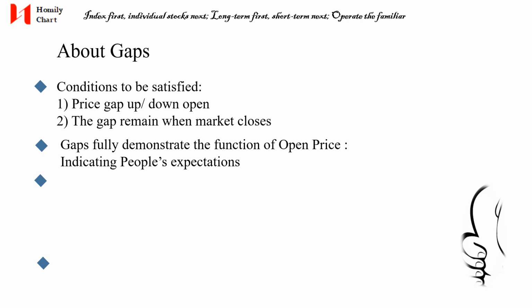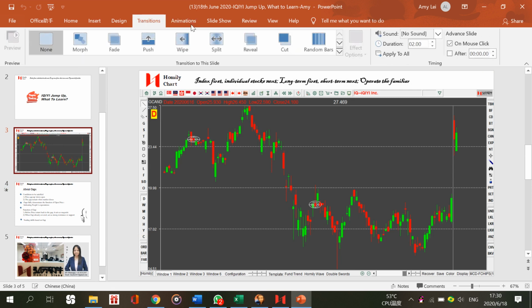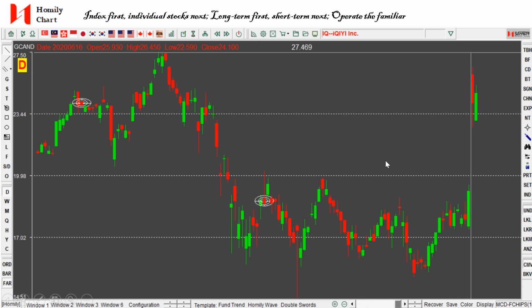Okay, so for example, if we go back to the chart, do you know why for IQIYI we have such a big upward gap on 16th June?